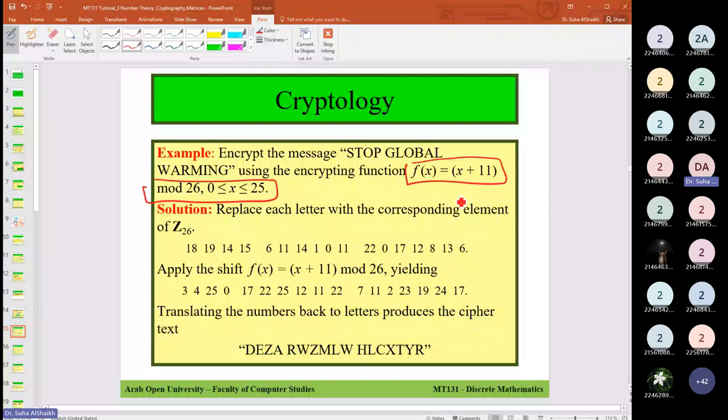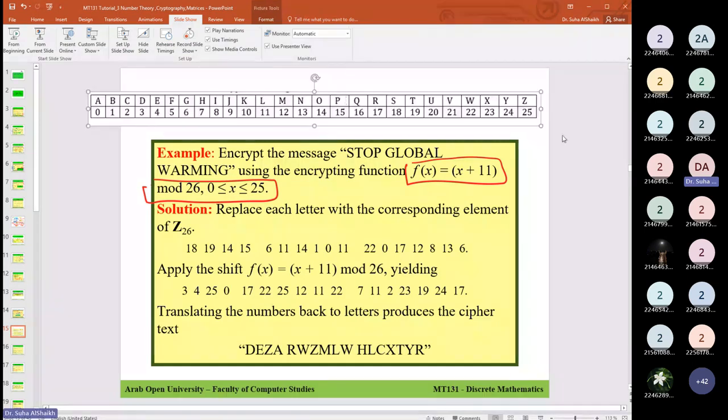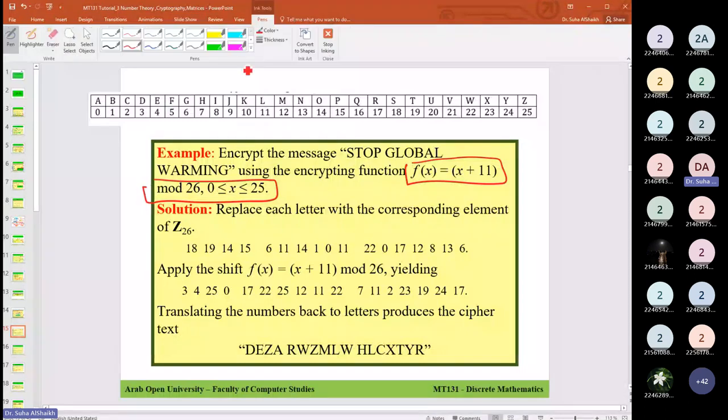We are going to apply the same exact method. We're going to first of all take each letter and translate the letters into numbers. Stop global warming. So S is 18, T is 19, O is 14, P is 15, and so on. We translate all the letters into digits.